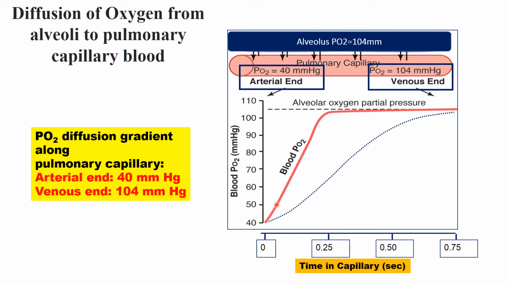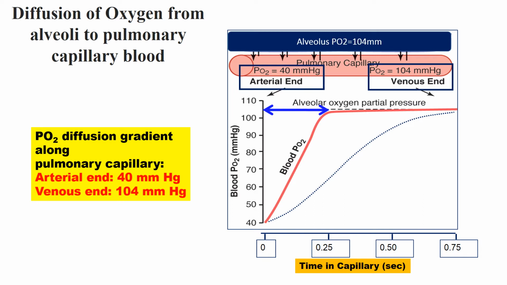As soon as the blood is moving through the pulmonary capillary, it is being loaded with oxygen, and it reaches equilibrium with the alveolus when it has covered just 1/3 of the distance of the pulmonary capillary. So what do you observe?